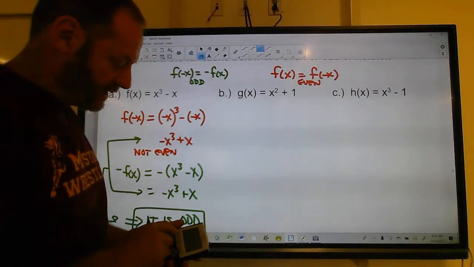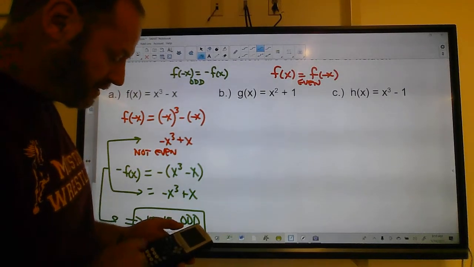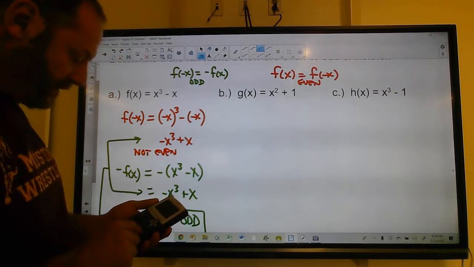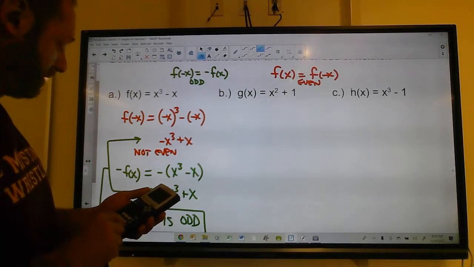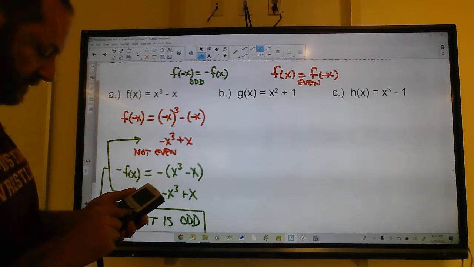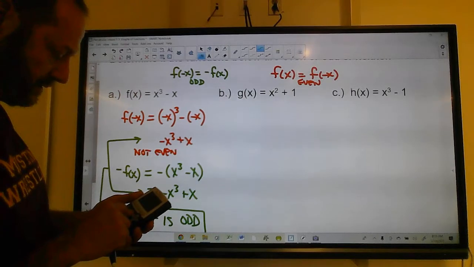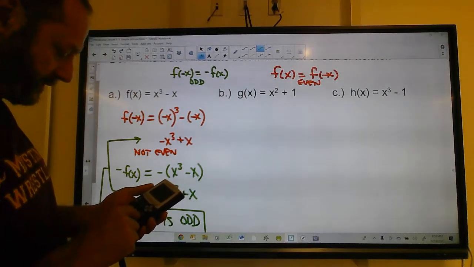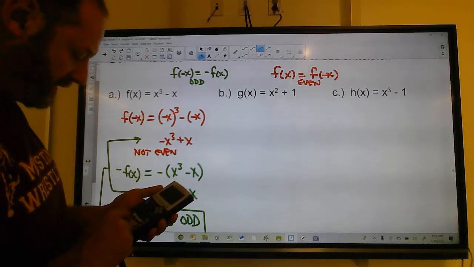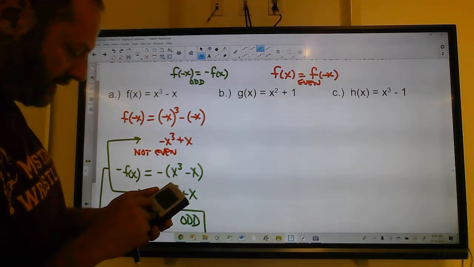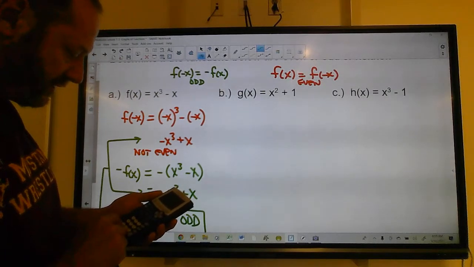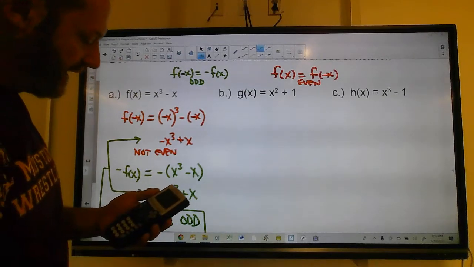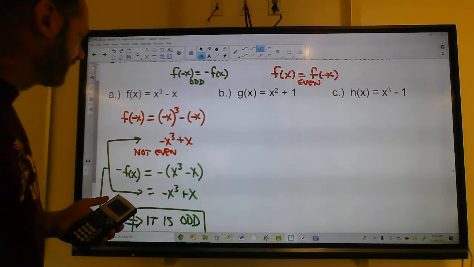Now, it wouldn't hurt you to go to your graph and plug in x cubed minus x, and you should always clear that out first, right? x cubed minus x, and reset your window so that you can see all four quadrants, and hit graph, and you look at the graph.